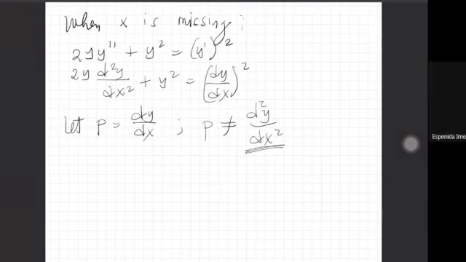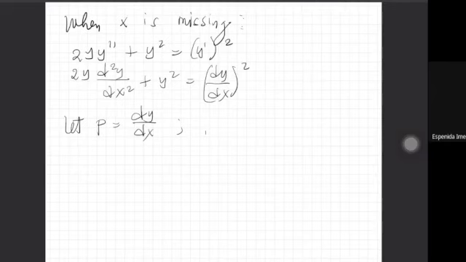So, using the chain rule, your p should be equated to... wait, I made a mistake here. Let me repeat, class, we made a mistake there.